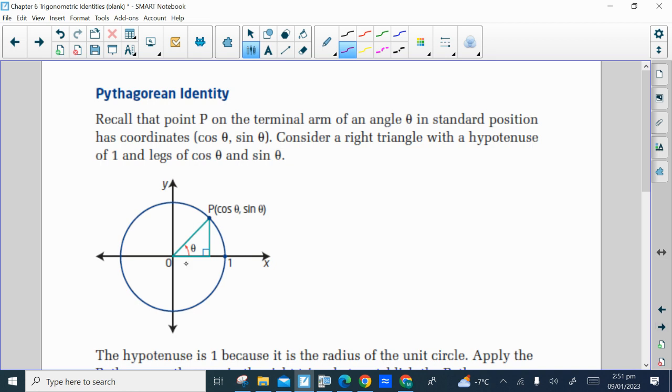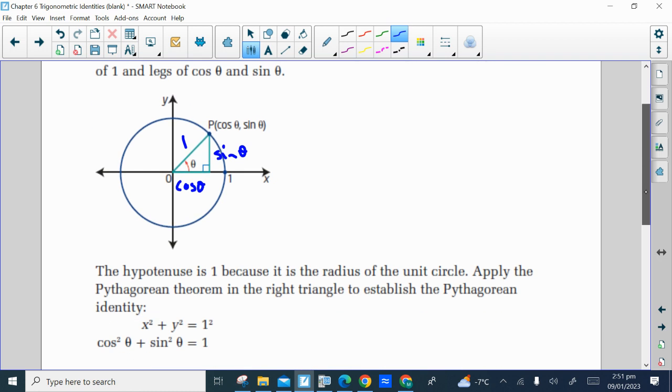So you can see this right triangle here. To get to this point, you're going cos theta to the right, and you're going to go up by sine theta. That gives us that coordinate at P, cos theta, sine theta. And the hypotenuse is 1 because this is a unit circle, and a unit circle has a radius of 1.